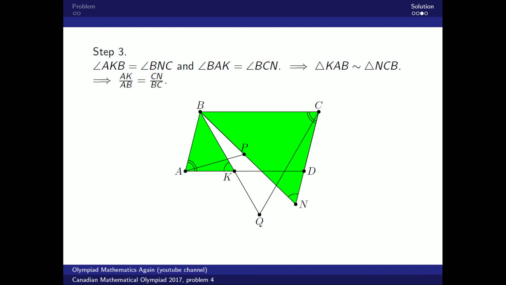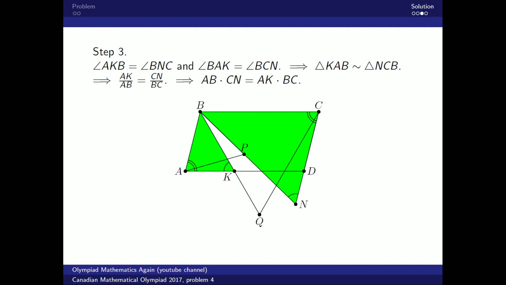So then, with a simple manipulation of this equality, we conclude that AB multiplied by CN is equal to AK multiplied by BC.